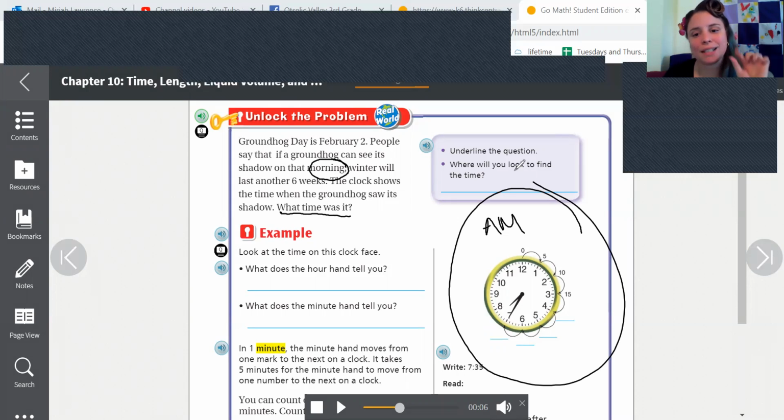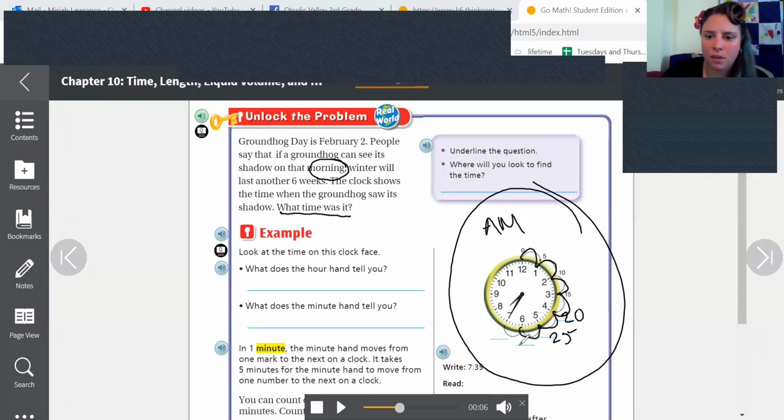So we want to count until we get to the long one, not the short one. So let's go 5, 10, 15, 20, 25, 30, 35. So we know that the minute hand is 35, right? So I'm going to write 35 over here.